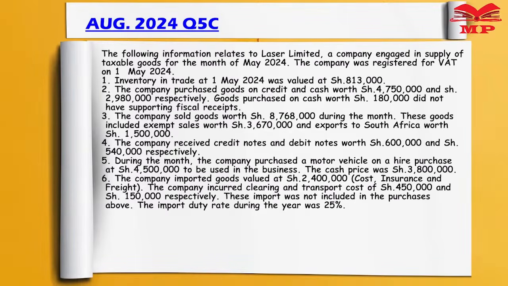So we proceed to additional information number 6. The company imported goods valued at 2.4, that is cost, insurance, and freight.